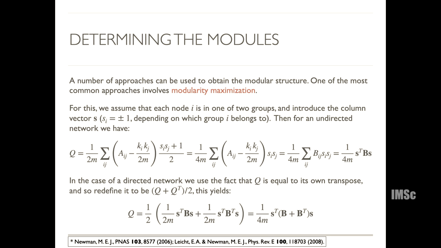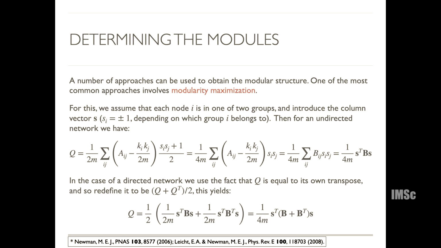This is the subject of a very famous paper by Mark Newman, and this is a follow-up paper where he extended this to directed networks. Actually, the directed network form is the one that we use in our study. This method has now been referred to as the spectral Newman method, because it's so widely used, and this involves modularity maximization, right?